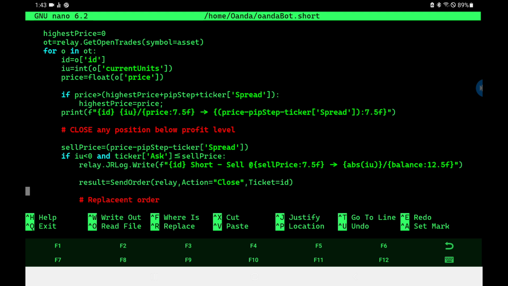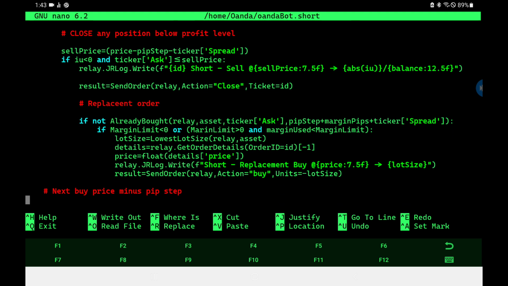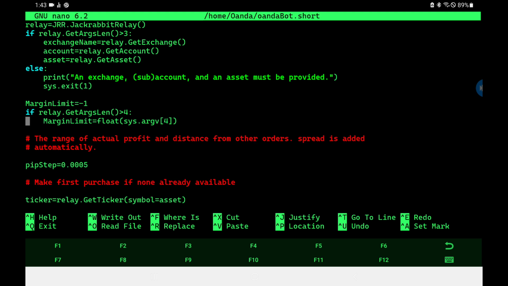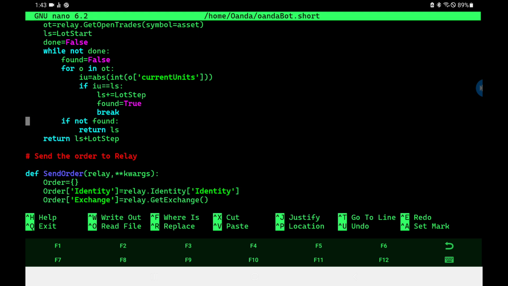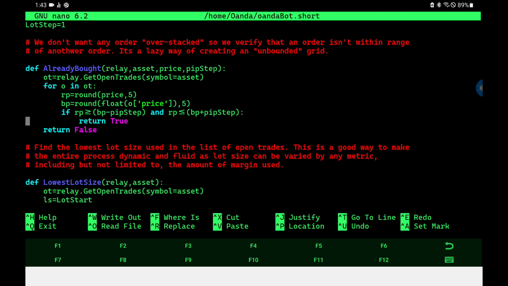And now we look for a replacement order. If we've managed to sell the topmost order, and that could easily be the one that starts the next process, then we want to make sure that we aren't too close. We don't want to be stacked. And let's actually look at that function. And when I say stacked, I particularly mean we don't want orders grouped together.